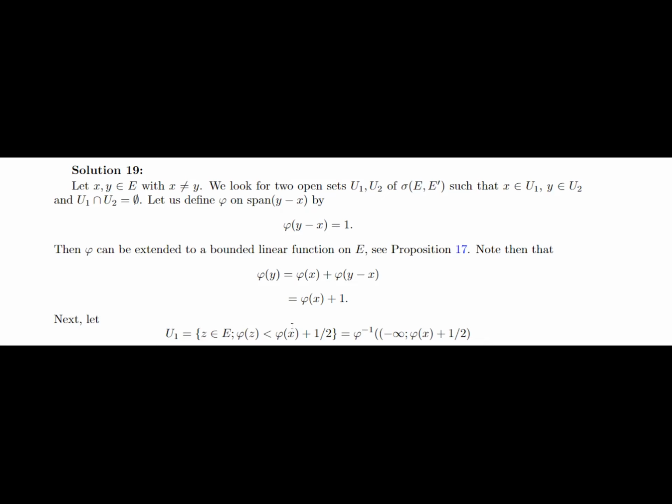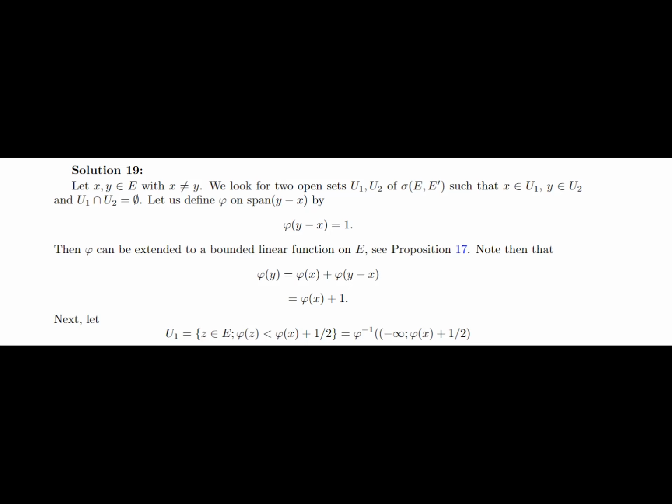And this contains, of course, x. And this is an open set of the weak topology, because U1 is phi minus 1 of an open set of R.